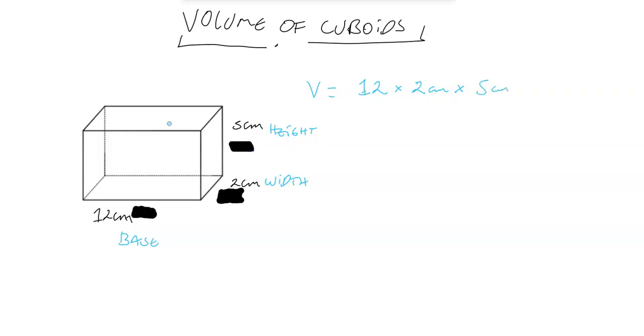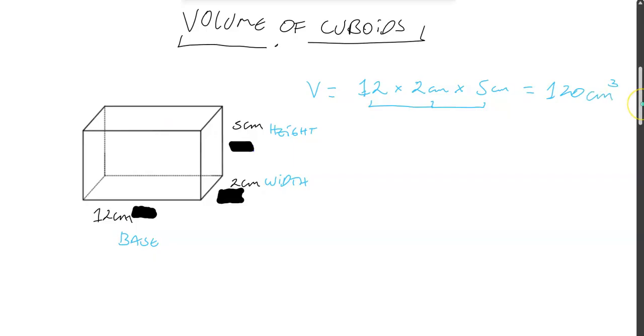If you change the order, it wouldn't matter because multiplication is commutative. 12 times 2 is 24, and 24 times 5 is 120. Don't forget the units in volume are cubed because there are 3 dimensions to it.